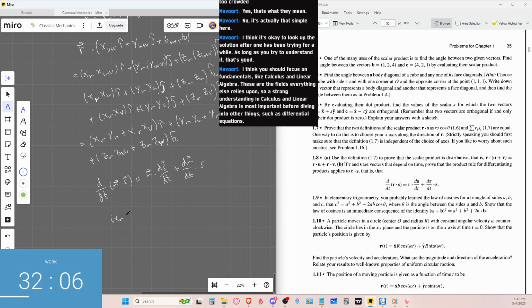So we have r dot, and that would be times with respect to time.